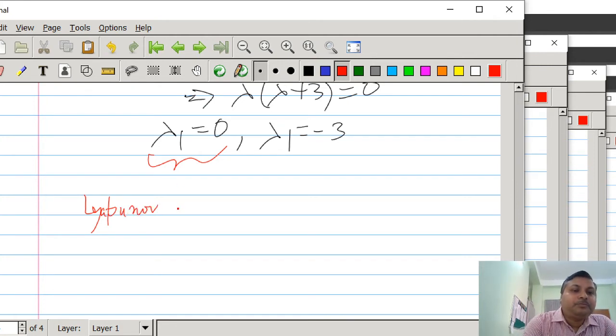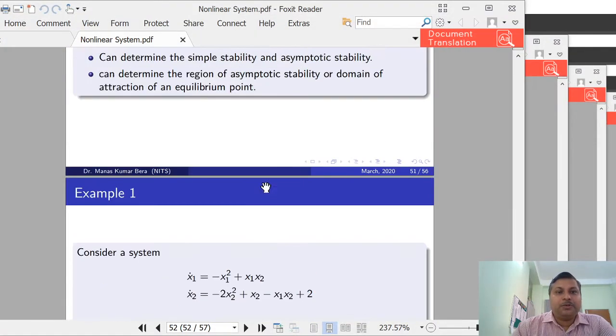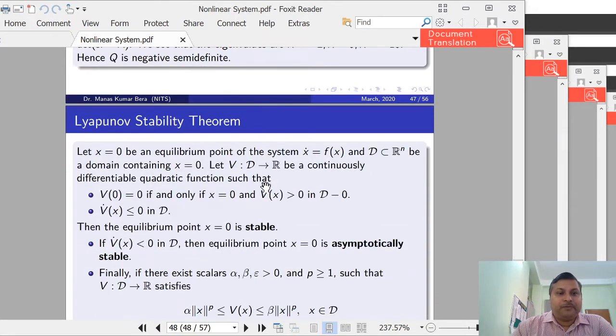So that's why we will go for the Lyapunov second method. What the Lyapunov second method is telling is that, first of all you have to search a V of x. Let us go back to the theorem so that you can recollect it. Here you see what is the Lyapunov stability theorem.